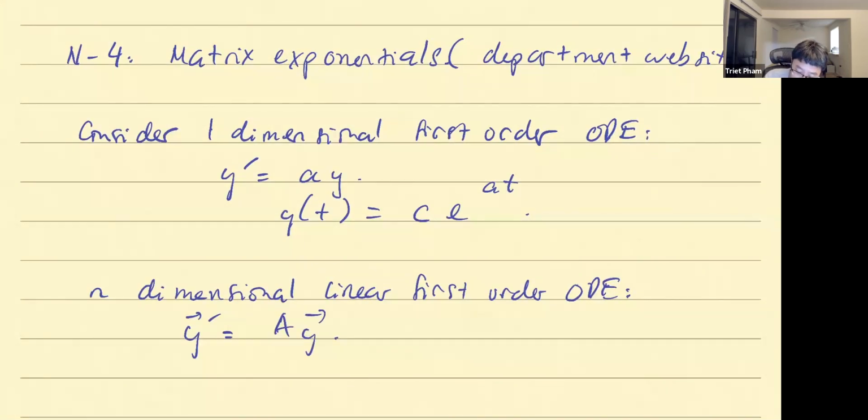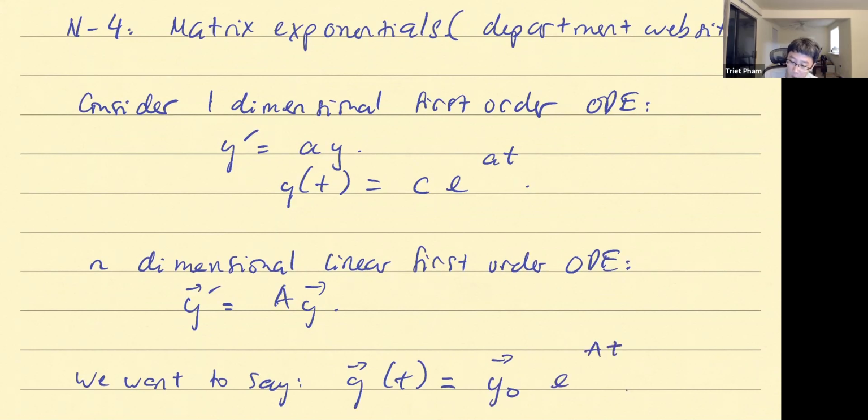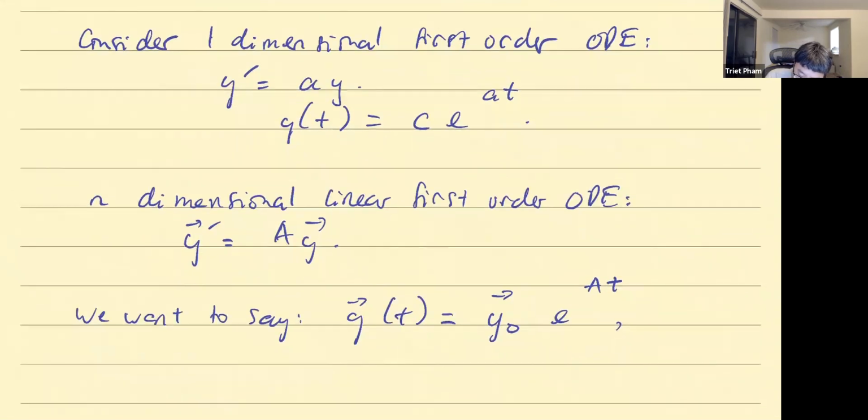What we want to say is the solution y of t is e to at times y0, oh, sorry, y0 on this side, where e to at is an n by n matrix.